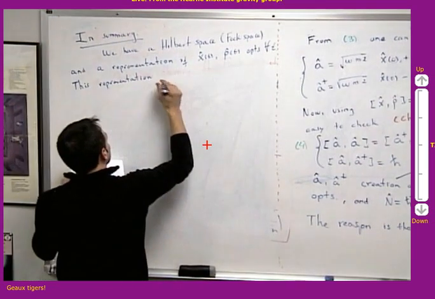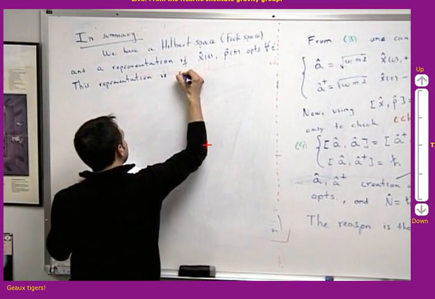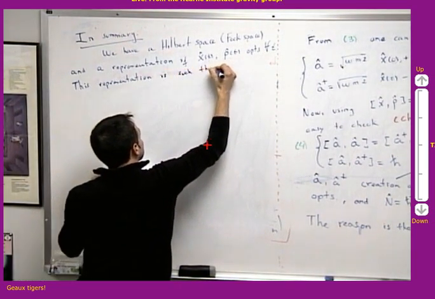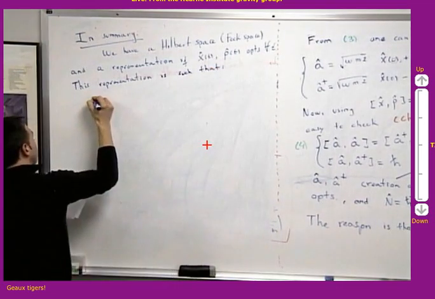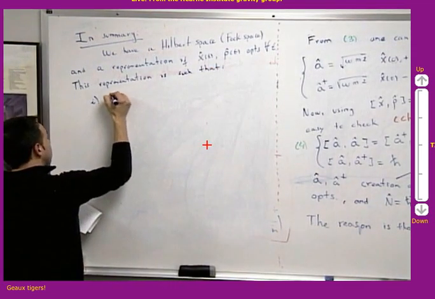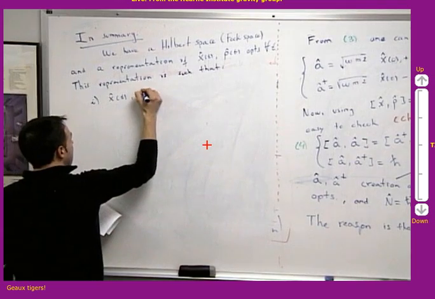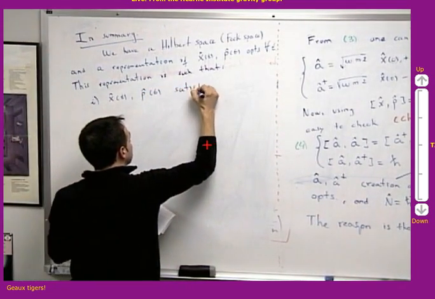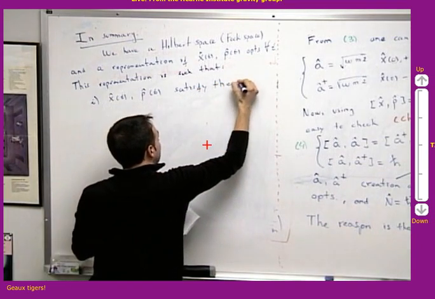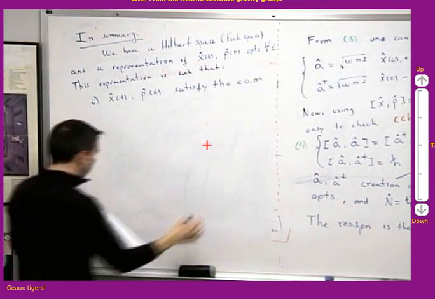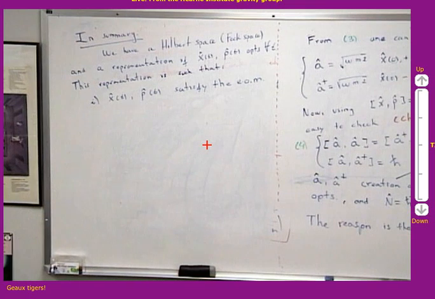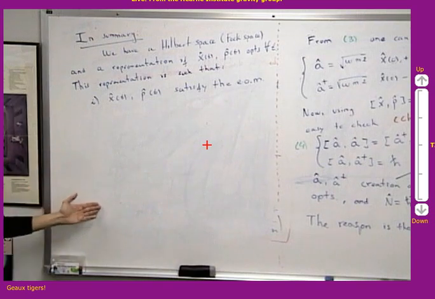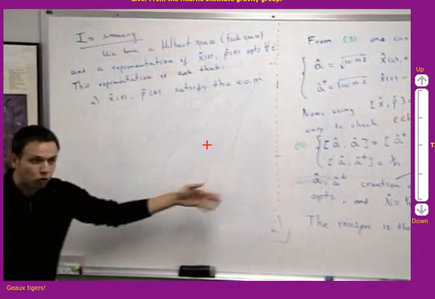This representation is such that, first, x as a Heisenberg operator and p as a Heisenberg operator satisfy the equations of motion. So if you take those operators and you plug them in the equations of motion, they are satisfied. Almost trivially, because x and p were written as a combination of solutions.